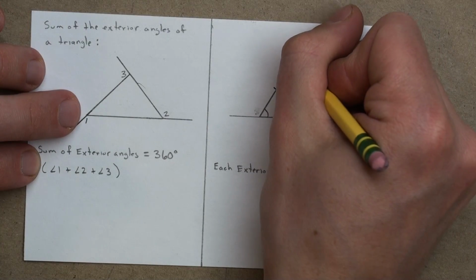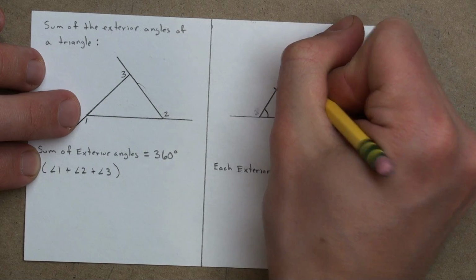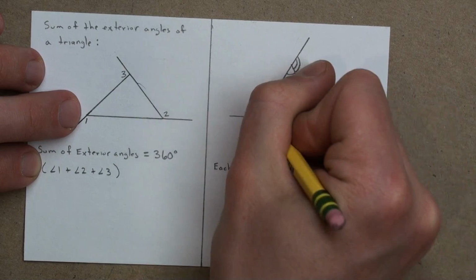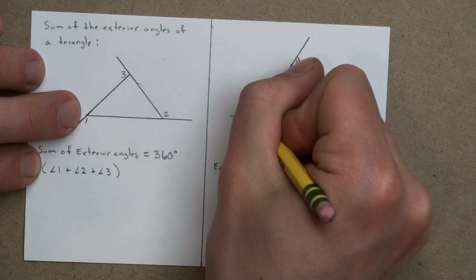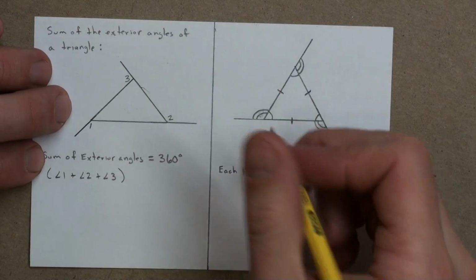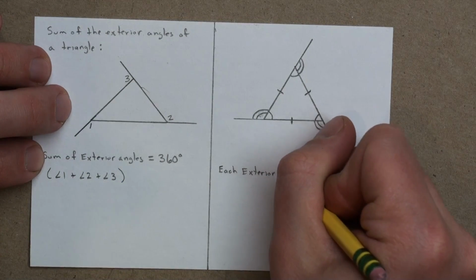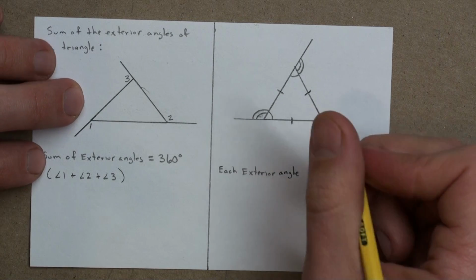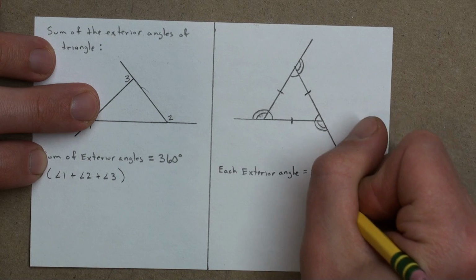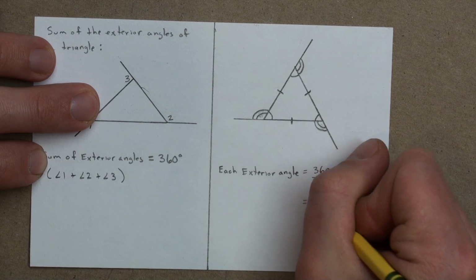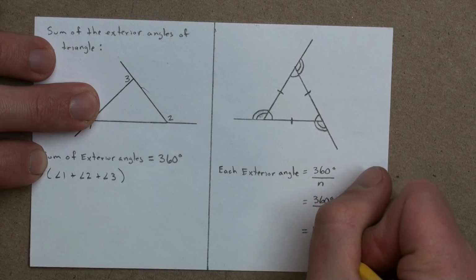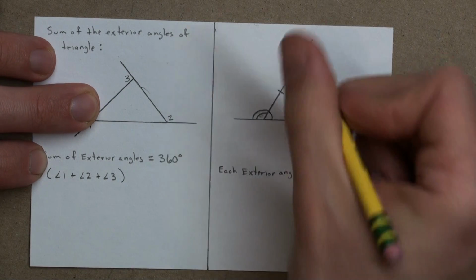Now we do know that all of the exterior angles are congruent, so we can put the same number of arcs in each one. So each exterior angle equals 360 degrees over n, which equals 360 degrees divided by 3, which is 120 degrees.